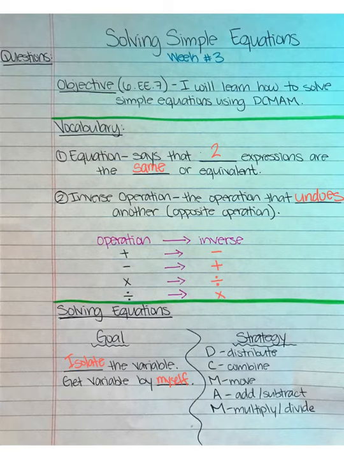That's going to be saved for 8th grade. So we're not going to distribute, we're not going to combine, and we're not going to move. DC-MAM tells us the order in which we do things. So we would add and subtract first, and then we would multiply and divide, which is kind of the opposite of your order of operations. But remember, when we're solving, we are working with inverse operations, which remember, they undo each other.